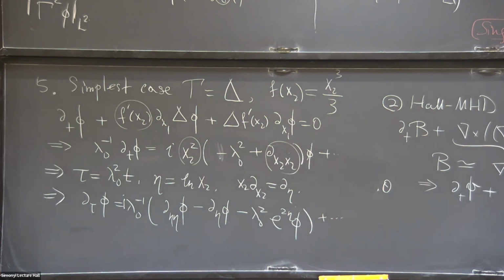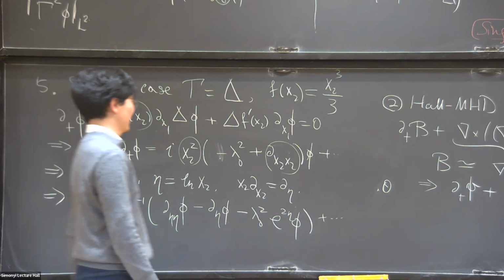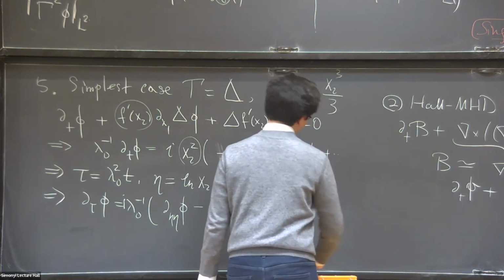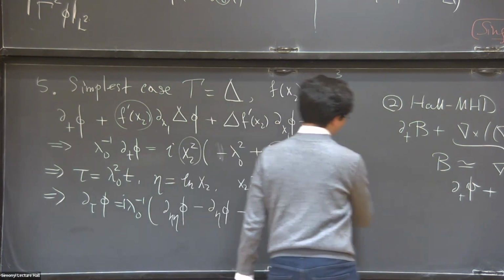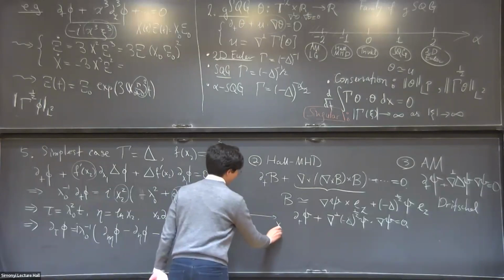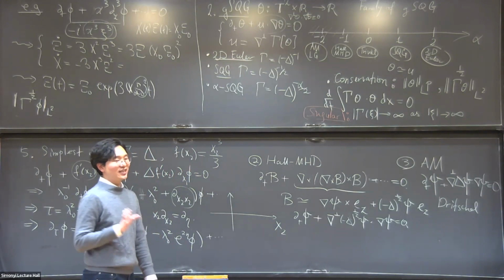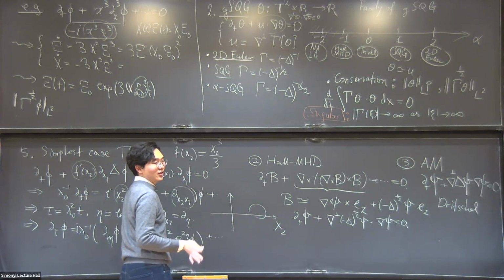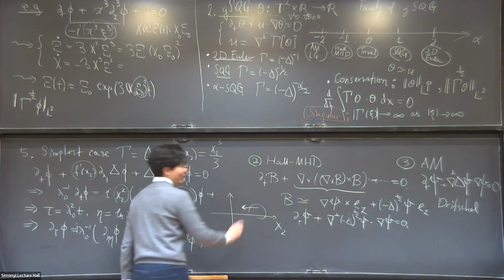You're assuming your solution is supported on x2 bigger than 0? Exactly, yes, exactly. And that's a very important point, because from the bicharacteristic analysis, this is x2. What you can easily check is that if you start from the right of x2, the solution is supposed to move leftward.